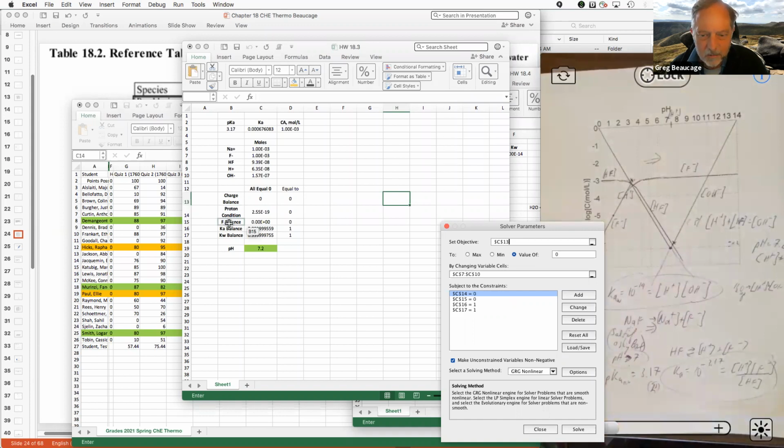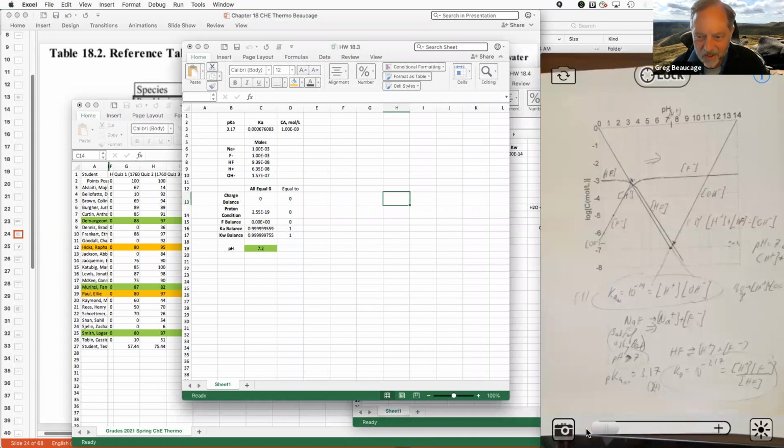C15 is the F balance set to 0. Then the K ratios I put to 1. And then I just let all these variables vary, with the exception of sodium that I know what it is. Right. And I just put in the equations for the Ks, and then I just said solve, and it just spits out the answer. But all right, with the caveat that you have to start knowing the answer.